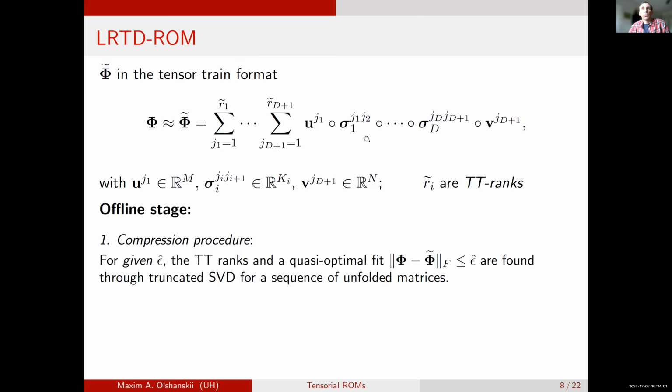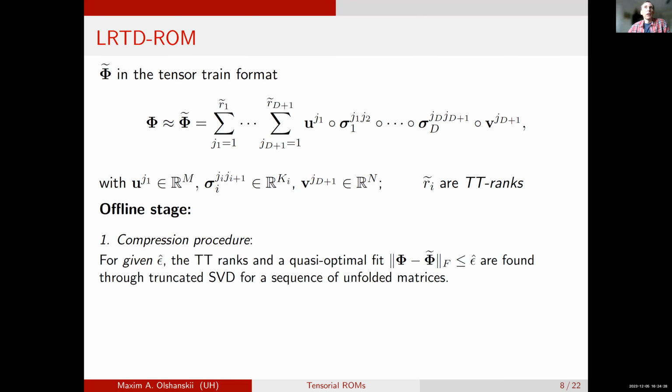These vectors are organized in small tensors of order 3 with orthogonal fibers. And these limits for summations are tensor ranks, or in this case, TT ranks. So the dimensional reduction is coming from having these ranks relatively small.